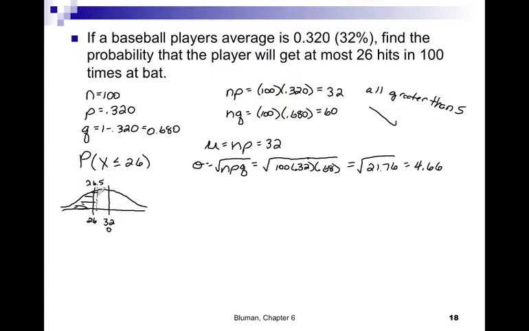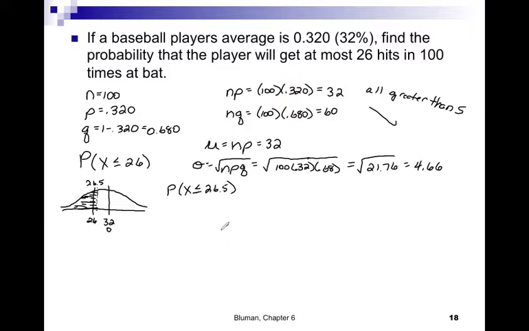We need to go all the way over here when we calculate our area. If it didn't have this equal sign, we would have gone on the other side and done 25.5, because 26 would not be included. So what we're actually looking for is the probability that x is less than or equal to 26.5.